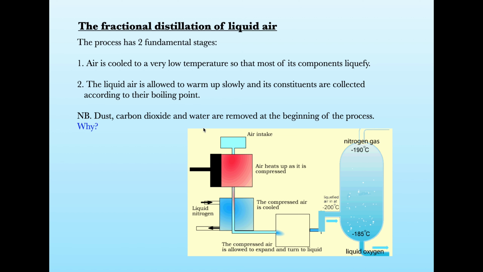It will freeze and potentially burst the pipes. And carbon dioxide freezes at about minus 56 degrees Celsius. And that also would cause the same problem. It would block the pipes. So write your explanation in there.